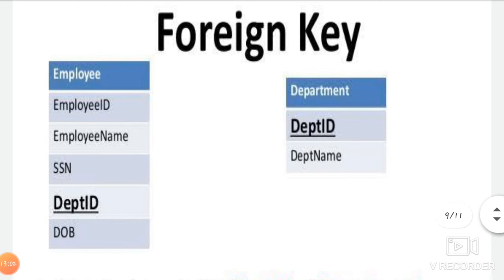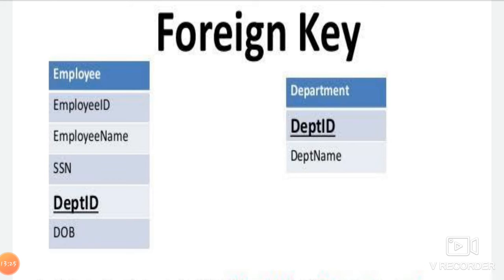Yes. Now we are going to see about the foreign key. Look at this given table, employee and department. In this employee table, we have 5 attributes: employee ID, employee name, SSN, department ID and DOB.